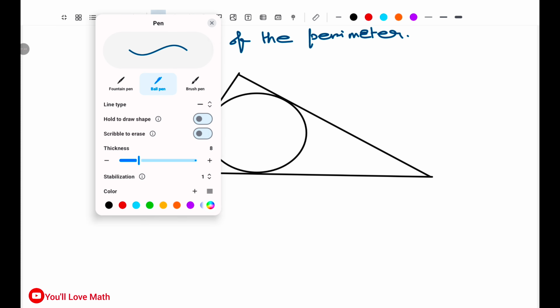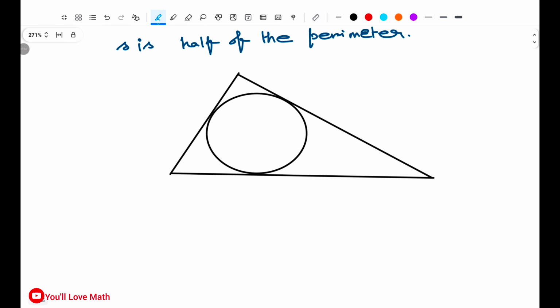Let's name the vertices A, B and C, and here is the center, and the radius is R, R, R only.